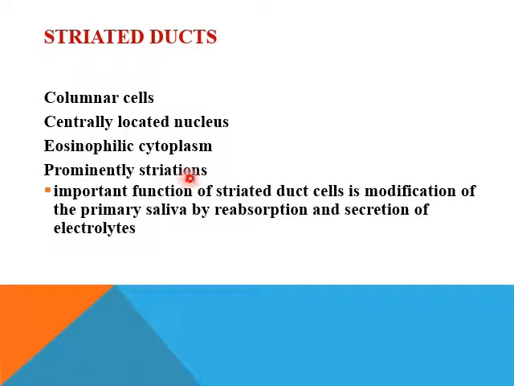It shows prominent striation. That's why it's called striated: inside the cytoplasm there is folding of the basement membrane toward the lumen, which causes striation to appear inside these cells. An important function of striated duct cells is modification of the primary saliva from the intercalated duct by reabsorption and secretion of electrolytes.